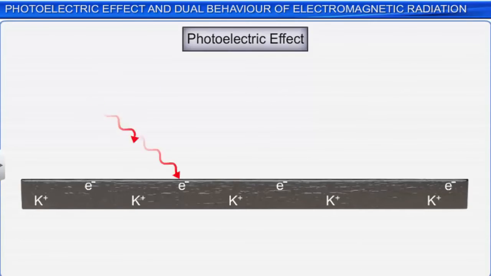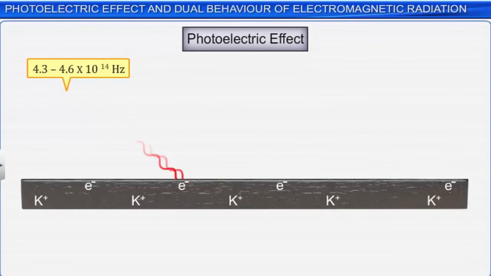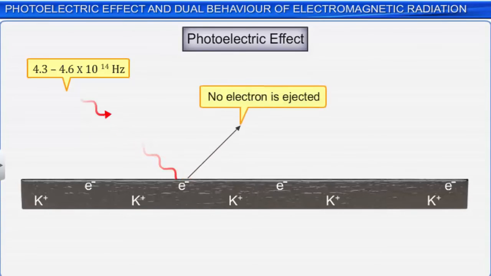For example, when the metal potassium is irradiated with highly intense red light having frequency of 4.3 to 4.6 multiplied by 10 raised to the power 14 Hz, no electron is ejected.